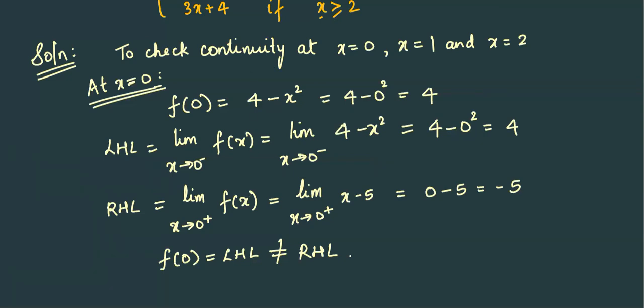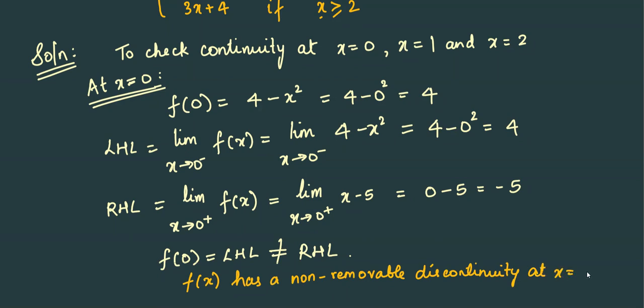So there's a jump discontinuity. f of x has a non-removable discontinuity at x equal to 0.